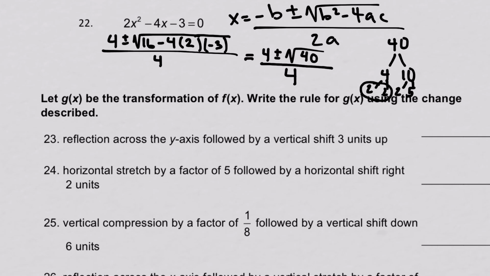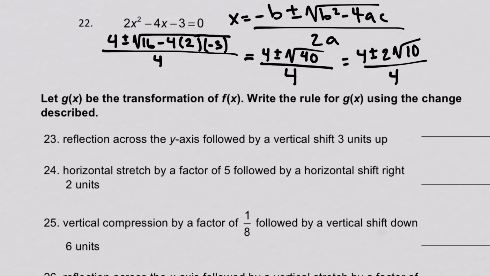Okay, so that 2 and that 5, since they don't have a pair, they're both going to stay inside of the radical, which makes 10. And these 2's will go outside, but only one will make it out. So it's going to be 2 radical 10. Okay, so radical 40 is 2 radical 10. So this gives me 4 plus or minus 2 radical 10 all over 4.